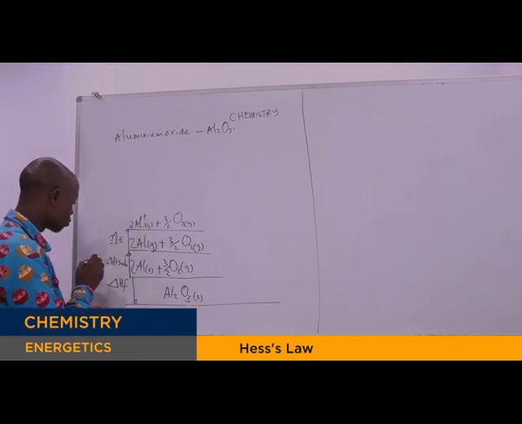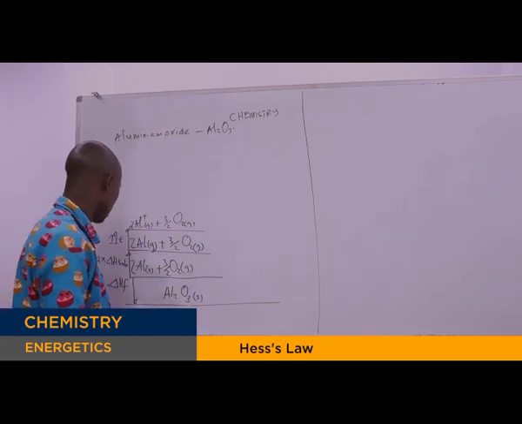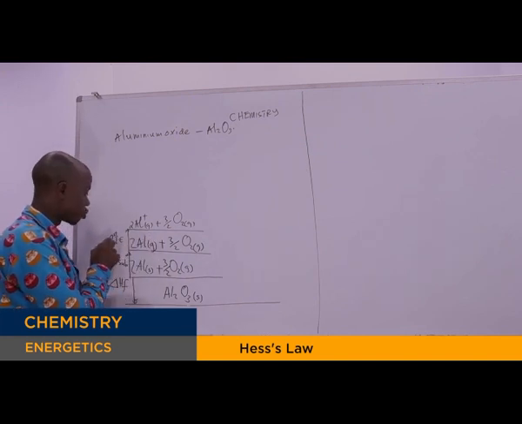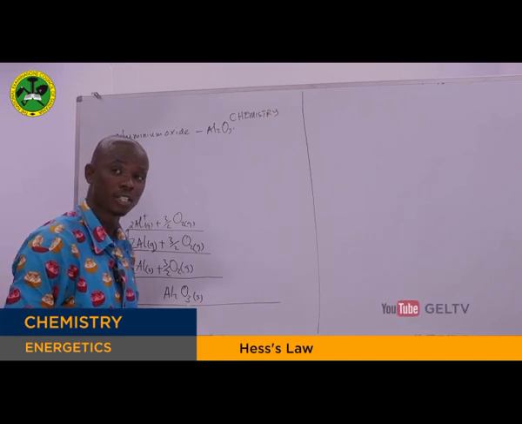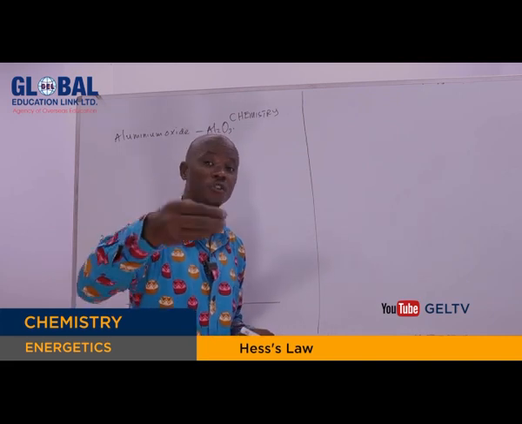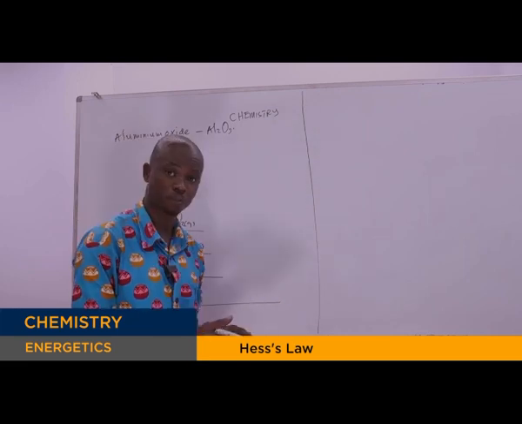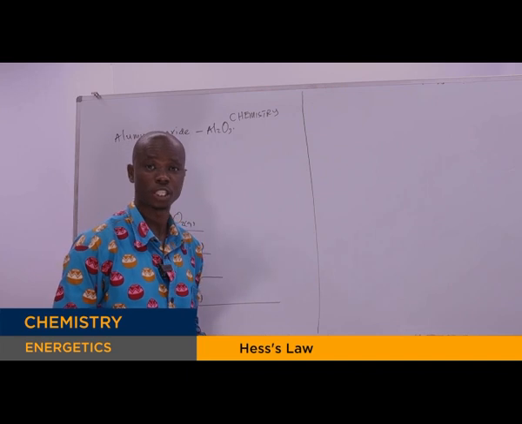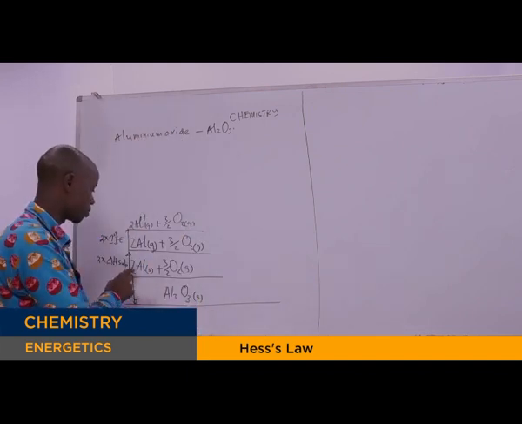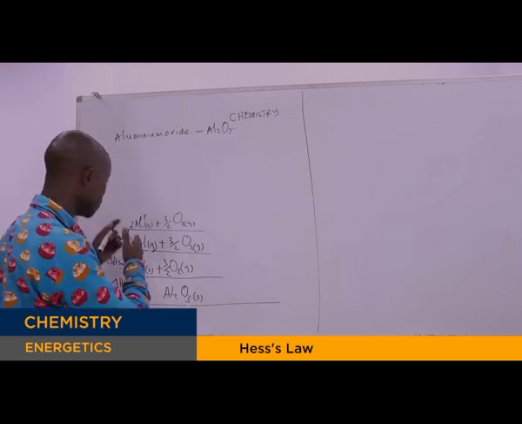So here you have to multiply by 2 because there are 2 moles of aluminium. Also, when you are ionizing, you also multiply by 2. It is important. Some of the students ignore that or they forget. If you forget, and you are asked to find one of the enthalpies in the steps involved in the formation of aluminium oxide, you are going to get it wrong. It is important for you to multiply, because the number of moles indicated there are very important to be involved.